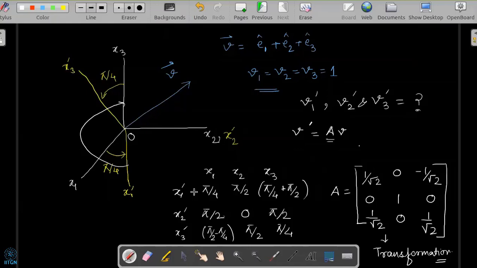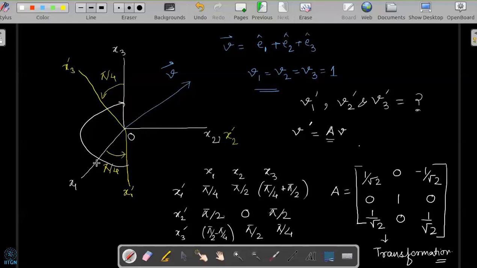Yes, sir. So you have rotated it by pi by 4. Because we cannot show it in this diagram, I think that's why you get confused. Yes, it will be clear, sir. I understood. Now I hope it is clear. So that's why this angle is pi by 4. Already we have rotated it.